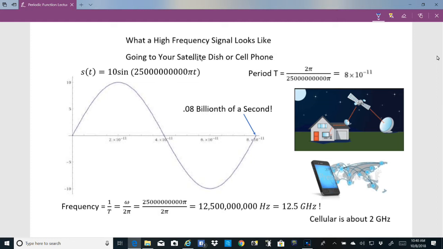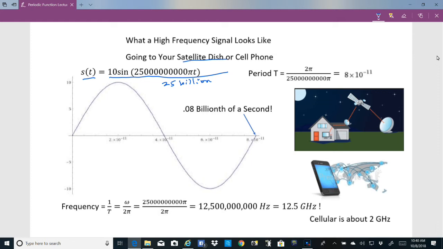Now, going to your satellite dish, you might see something like S of t equal 10 sine of 25 billion pi times t.